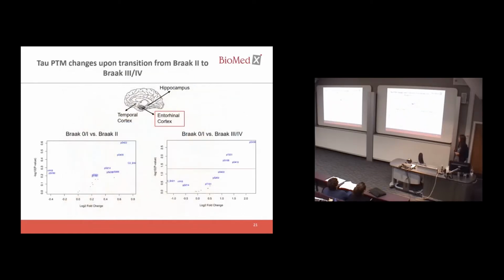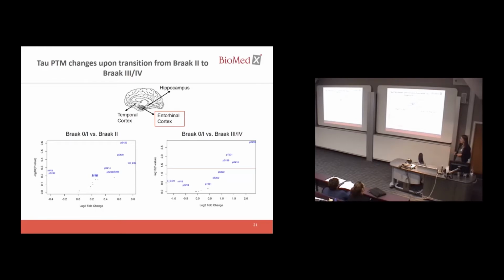And when we look at this data in a slightly different way, we can look at the significance of the difference between the different Braak stages and also the fold change in the volcano plot. And you can see that we got some samples from Braak 2 staged brains, where none of these values cross our significance threshold.